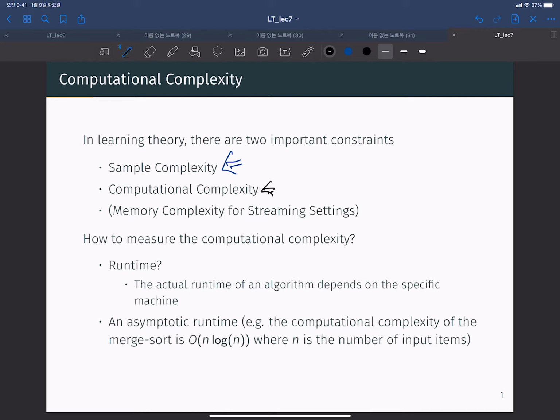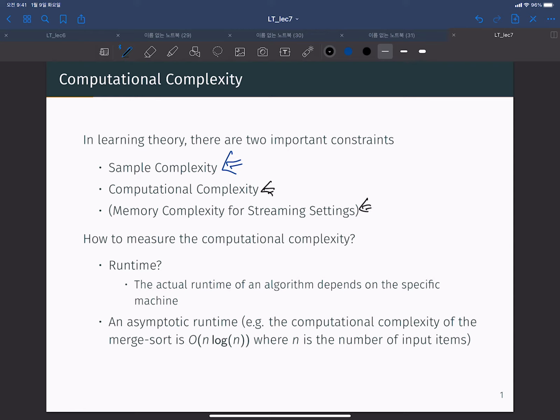In this video clip I will explain computational complexity, which indicates the required number of computation operations, like addition and product, something like that, to finish the learning process.